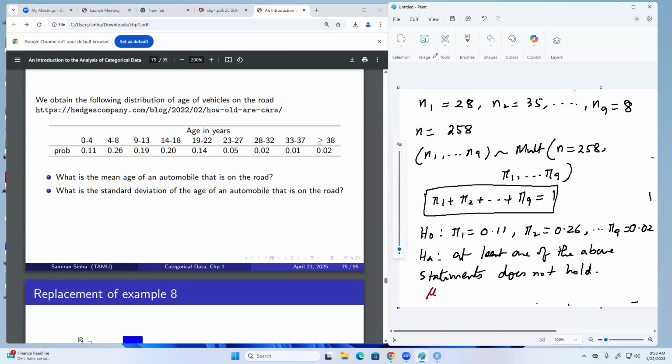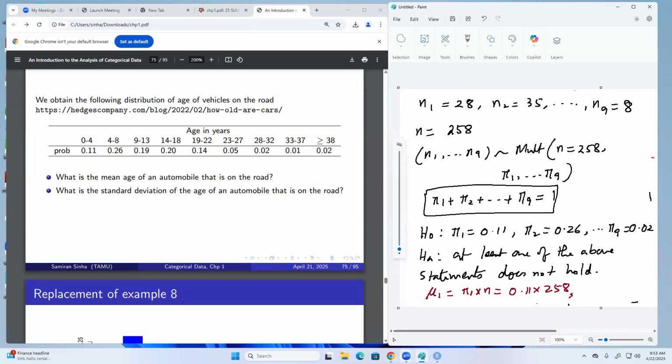So for example, mu1 is the expected count of the first category under the null hypothesis. Under the null hypothesis, the expected count will be pi 1 times n. So it is 0.11 times 258. This is the expected count under the null hypothesis for category 1, or for the age group 0 to 4 years.